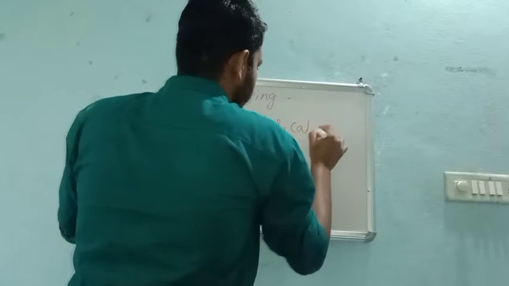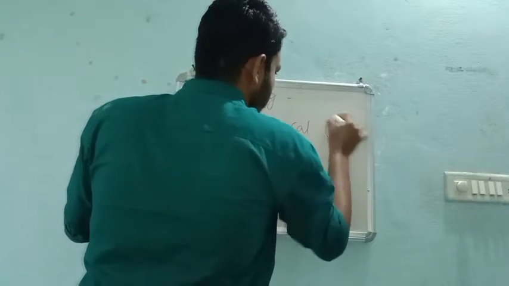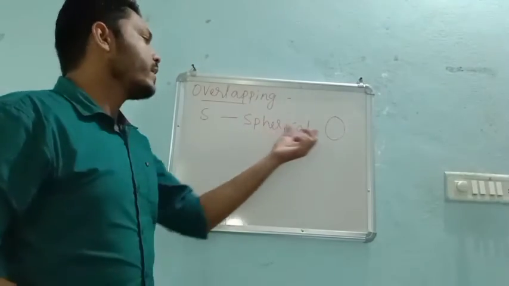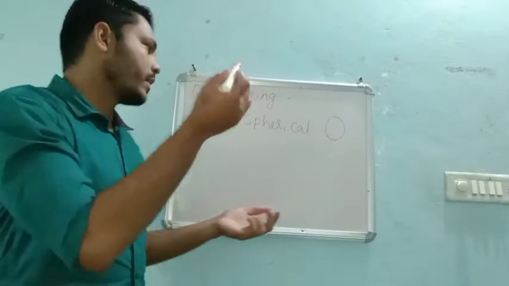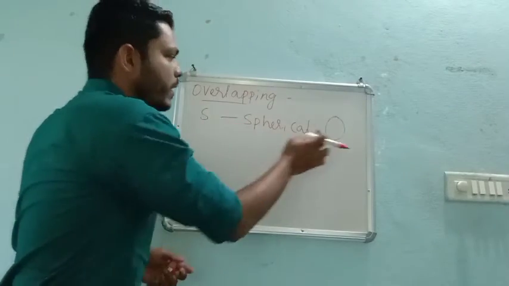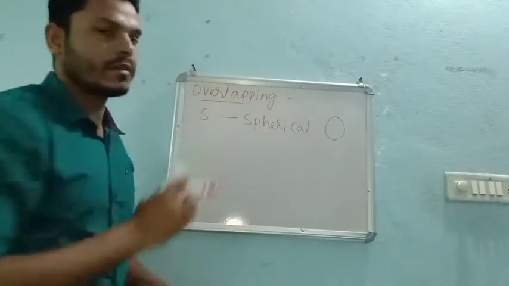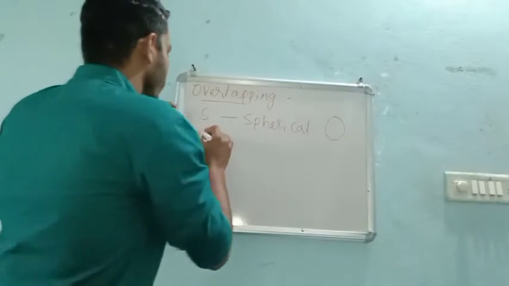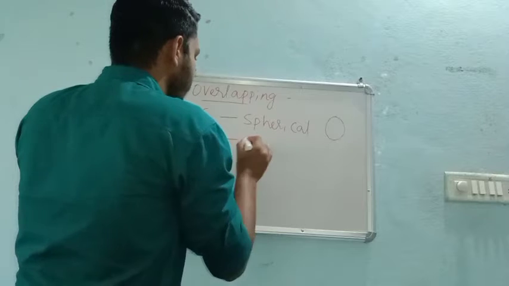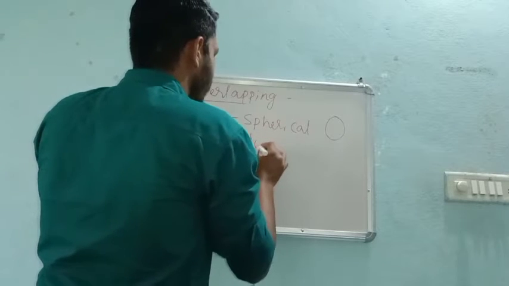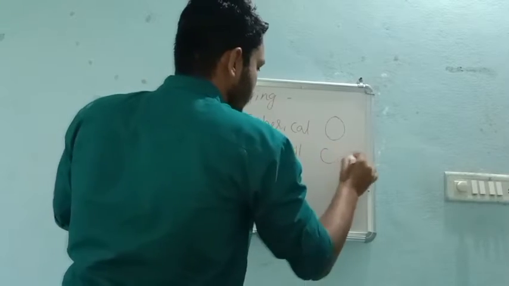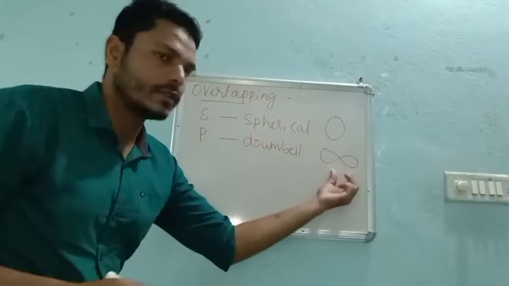So we must know what the shape of S is and what the shape of P is. The S subshell always has a spherical shape, and P has a dumbbell shape, like a dumbbell, right?